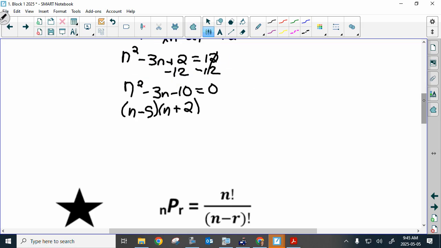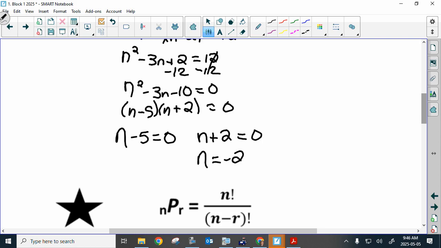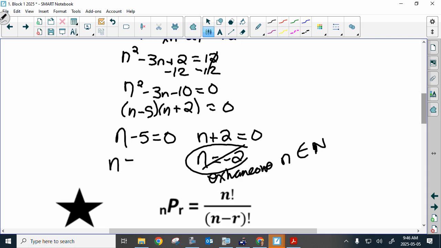Don't lose any of the details. n minus 5 equals 0. n plus 2 equals 0. n equals negative 2. Reject it as extraneous, just because n has to be an element of the natural numbers. And then n equals 5 is your only correct answer. Yeah? Okay.